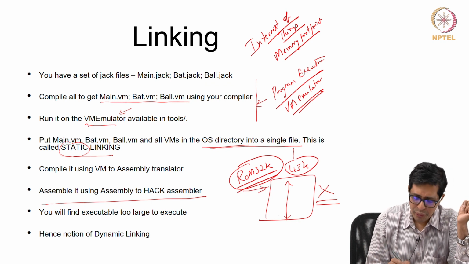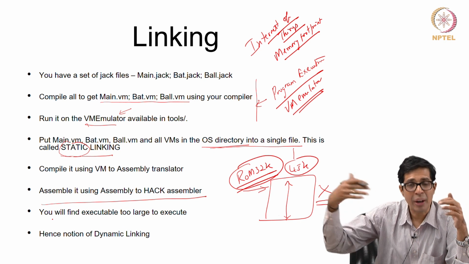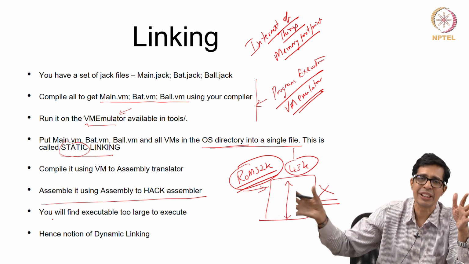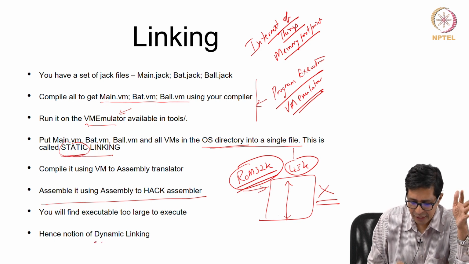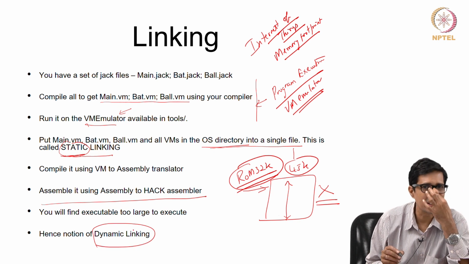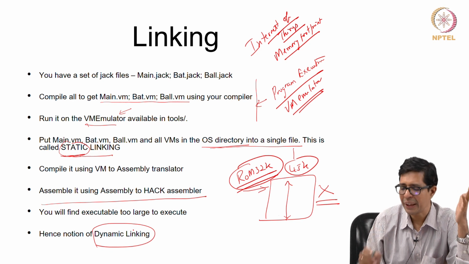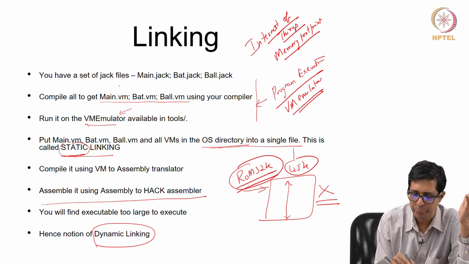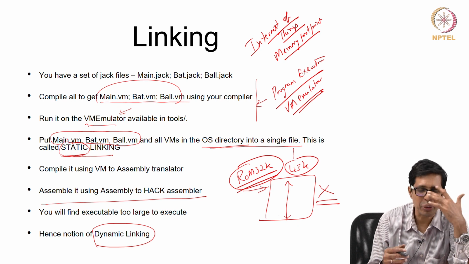Even before looking into it, in modern compilers, when you take a full-fledged compiler course, you will learn the dual of this static linking, what we call dynamic linking. What is dynamic linking? When you compile a program, like I have main.vm, bat.vm, ball.vm, I will do a static linking of only main, bat and ball, because they are all part of my code.